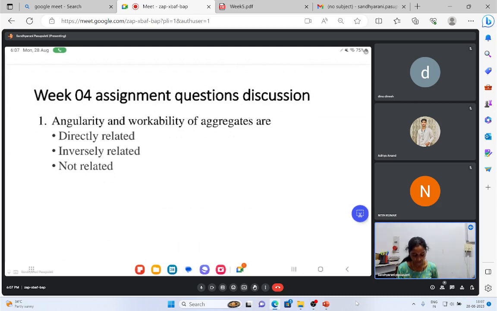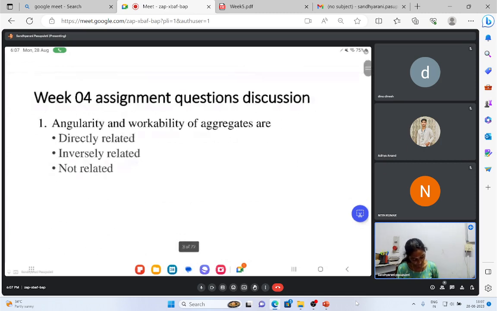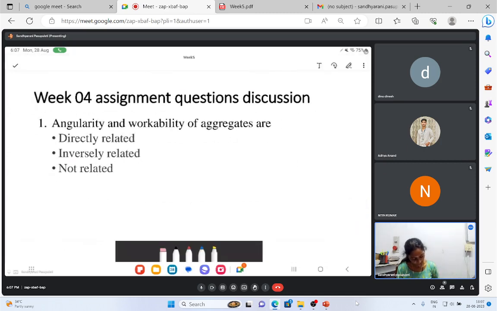The first question is: are angularity and workability of aggregates directly related, inversely related, or not related? Workability is nothing but how much energy is required to mix the aggregates and the bitumen.